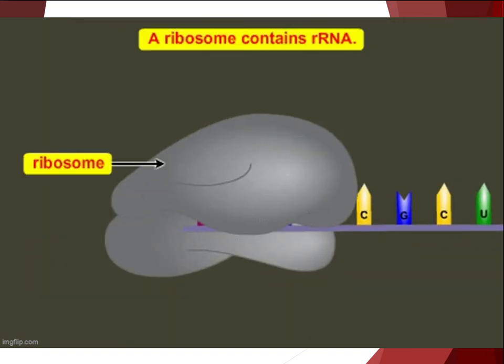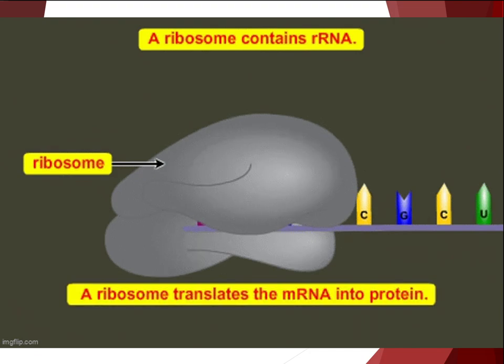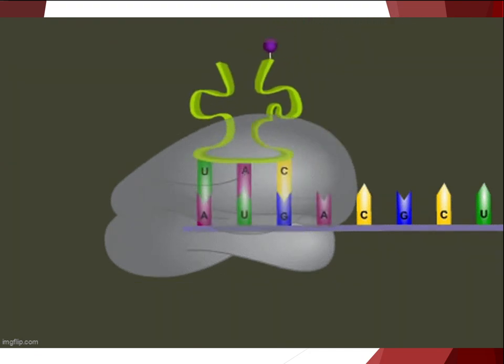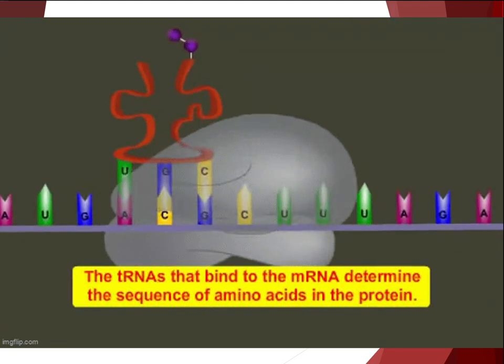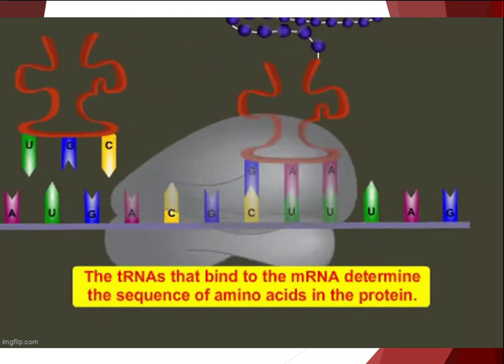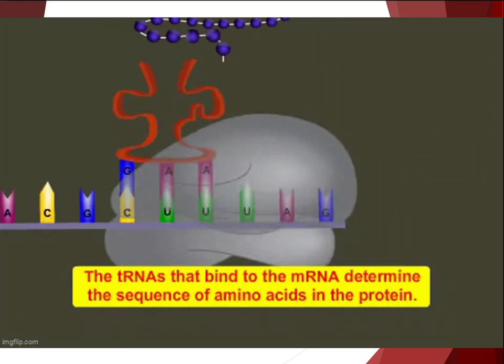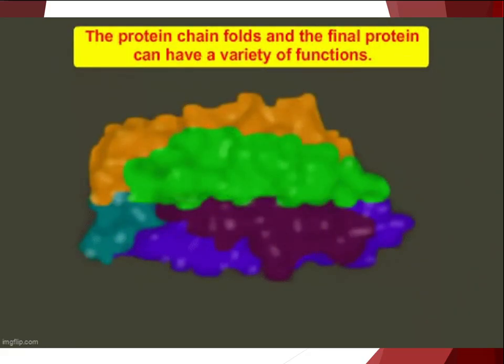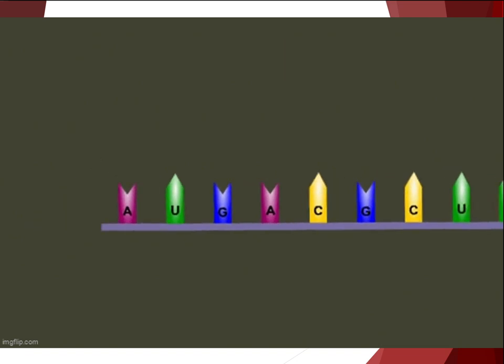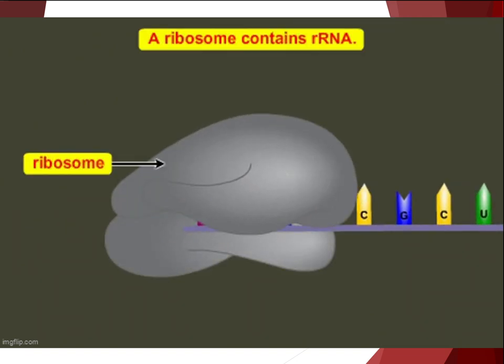This complementary mRNA strand then travels through the cytoplasm to structures called ribosomes. Ribosomes are made of another kind of RNA called ribosomal RNA, or rRNA. Protein synthesis occurs at these ribosomes.